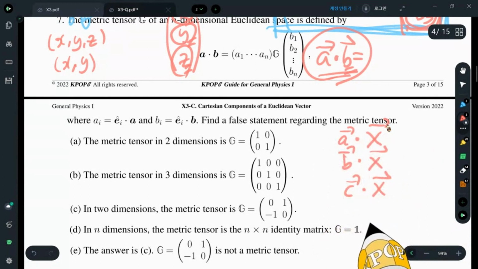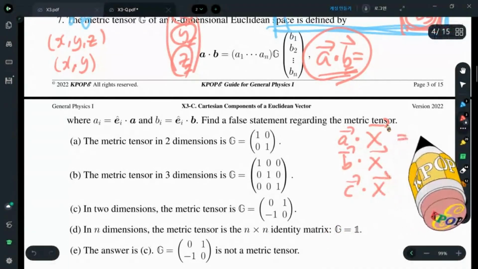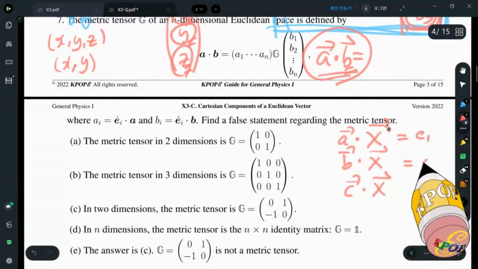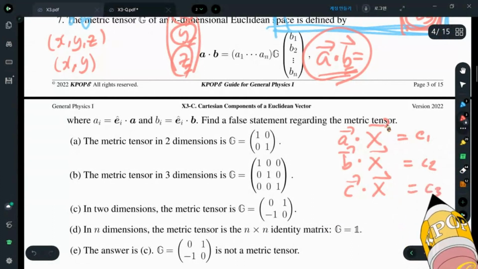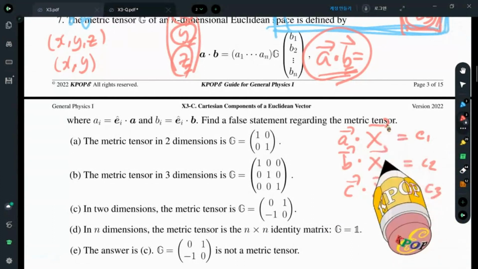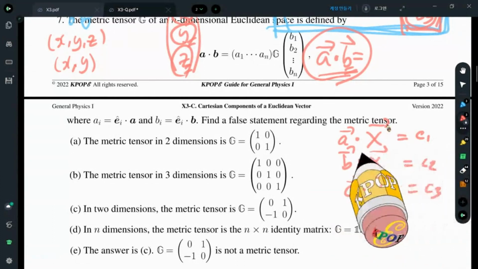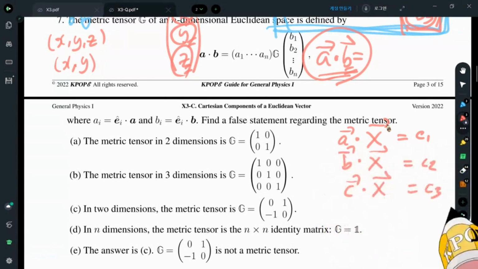I have three scalar products. Let me say this is C1 and C2 and C3. I want to find a vector that satisfies these three equations.